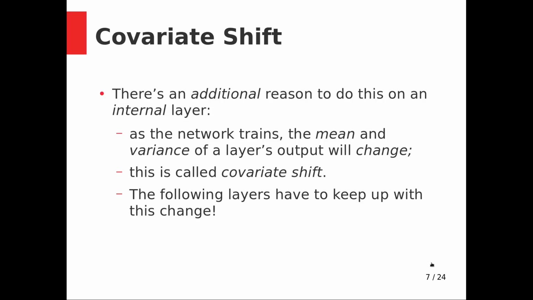As the network trains, if some output unit on some hidden layer starts to output extremely large values, then the fact that its variance is increasing might cause it to dominate training, and following layers might have to learn to shrink those weights. If this thing starts to output the same kind of values, but restricted to a lower range, then the following layer will have to adjust its weights to keep up with that change, even though the actual dynamics aren't changing from this thing.